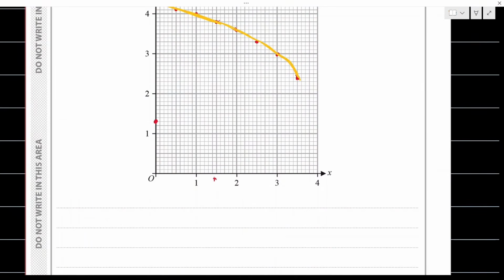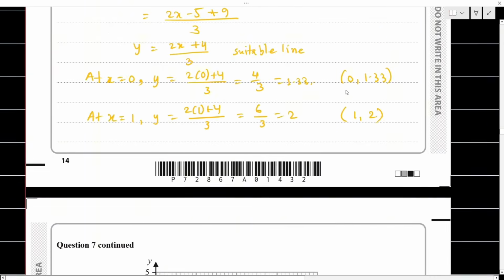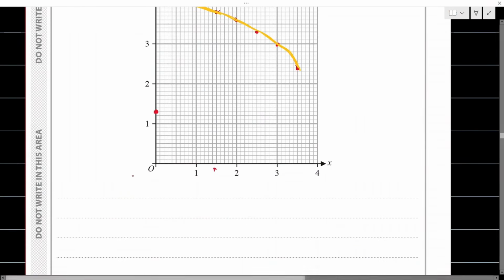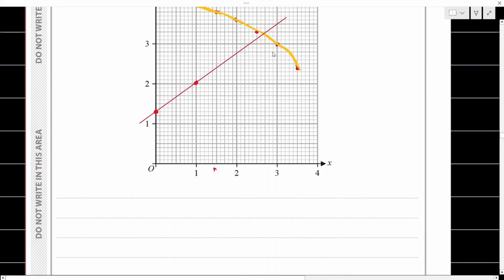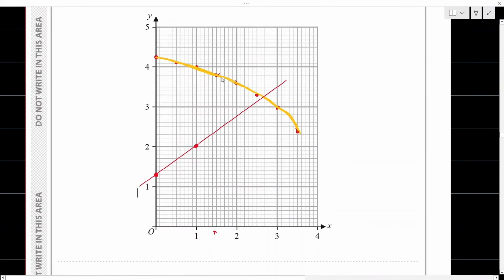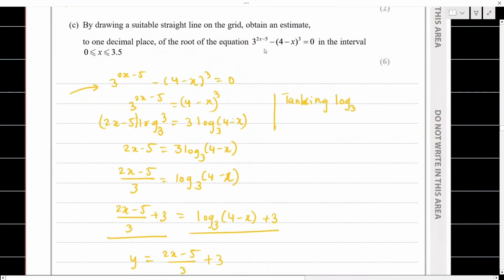So we have this as our point, and then we have (1, 2) as our other point. Now I can draw a straight line through this. And this is our straight line. From this I can see that there is an intersection point between the graph and our straight line. That intersection point will give us the solution to the whole equation given in our question.